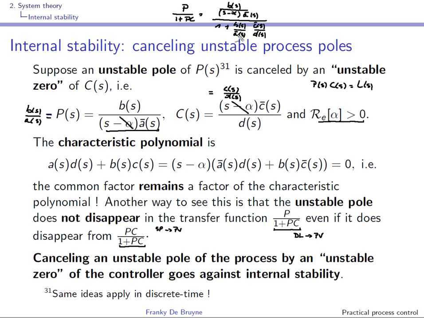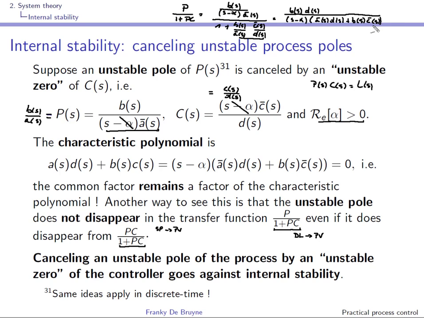If we multiply numerator and denominator by this quantity over here, what we'll obtain is B(s) D(s), and at the denominator we'll have the s minus alpha, and then A bar(s) D(s) plus B(s) C bar(s).